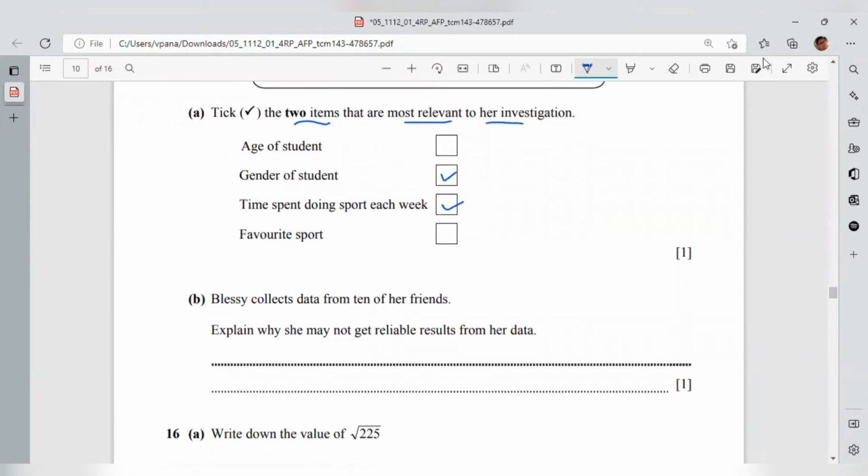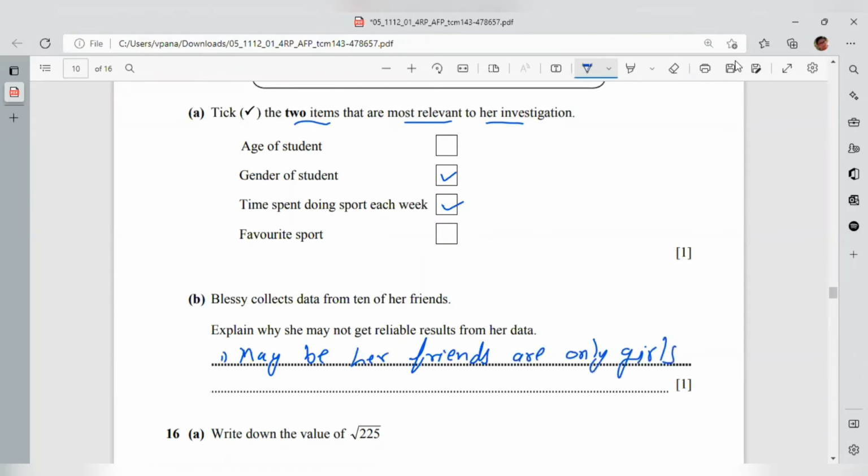Blessy collects data from 10 of her friends. Explain why she may not get reliable results from her data. So we can write, maybe she is asking only her friends. Or you can say maybe her friends are only girls.